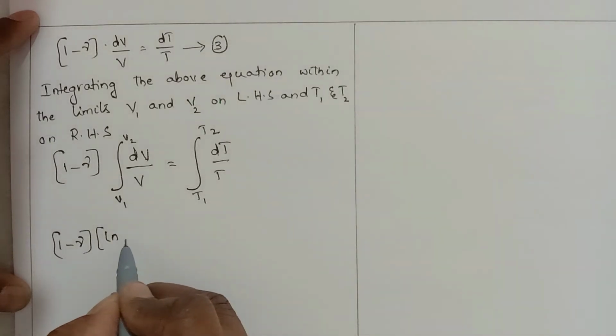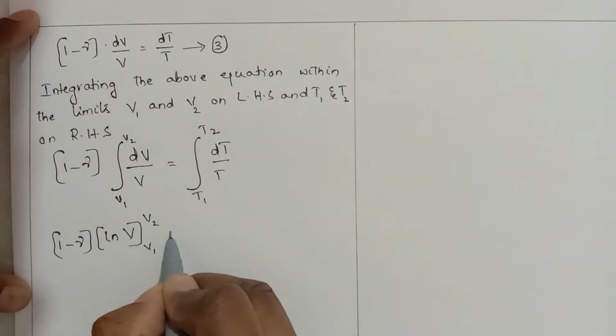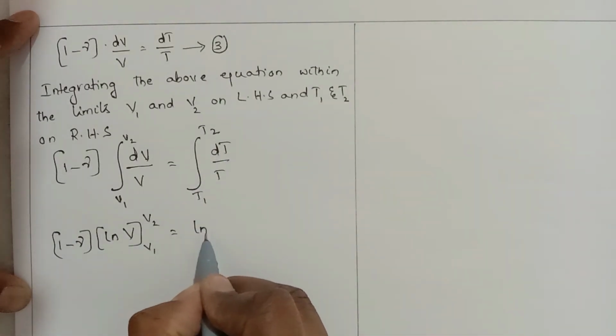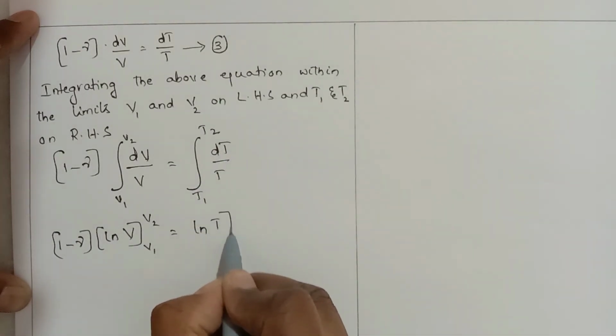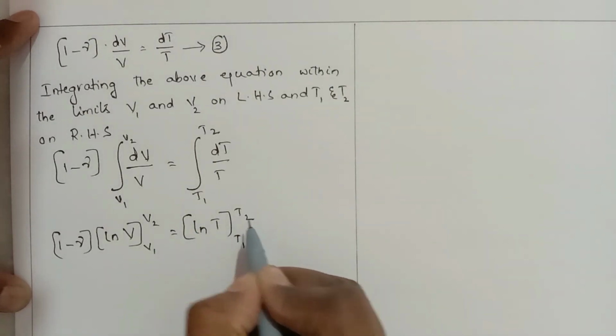So ln V from V1 to V2 is equal to the same integral dt by T, ln T from T1 to T2.